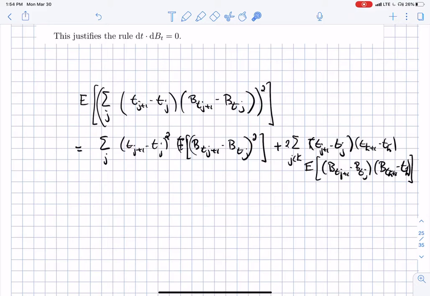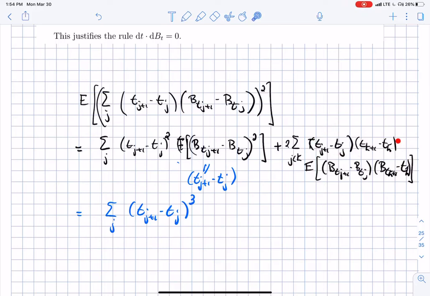For j equal to k, I get the time squared, and I get the Brownian increment squared, which is just the time. So I get the sum of (t_{j+1} minus t_j) cubed, that we know is going to be small. We'll repeat that later.